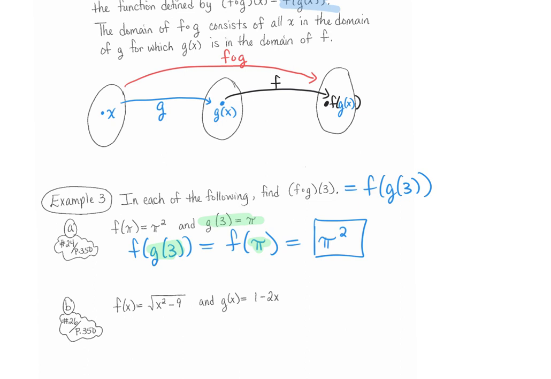Want me to explain again? One more time. f of g of 3. First we take 3, put it into g to see what we get. g of 3 is equal to pi. So now we have to find f of pi. We know that f of pi is equal to pi squared. That's how we got pi squared.